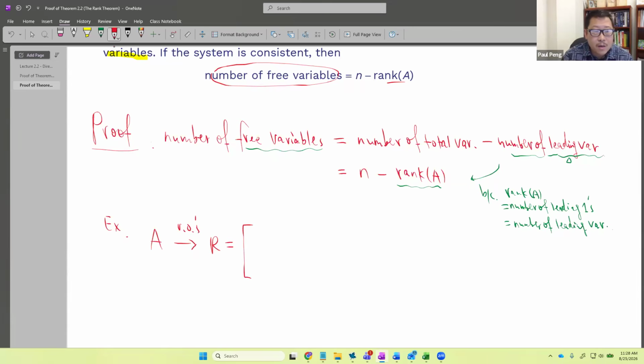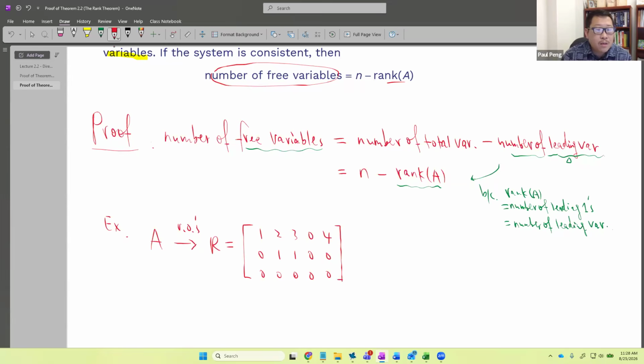For example, there's 1, 2, 3, 0, 4, and then 1, 1, 0, 0, something like this.